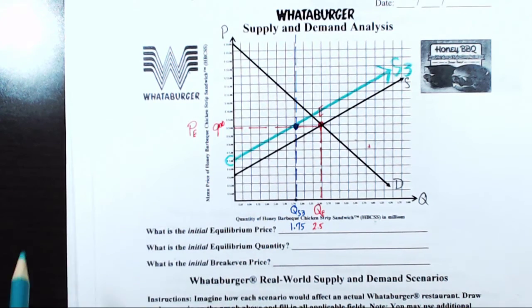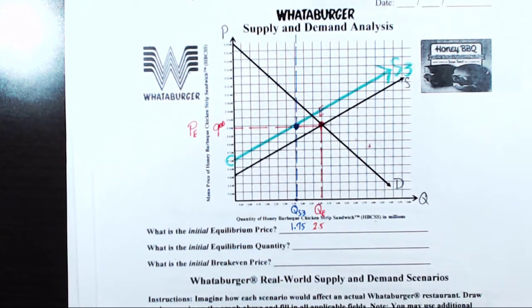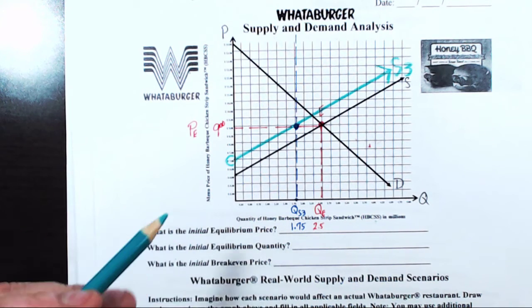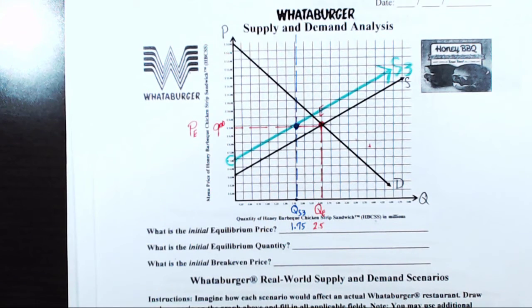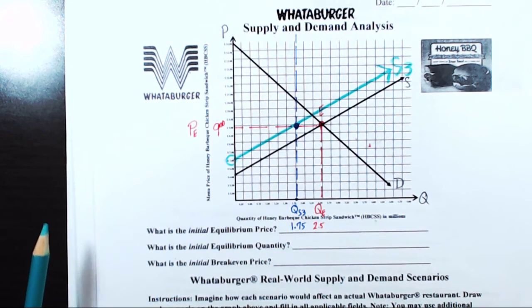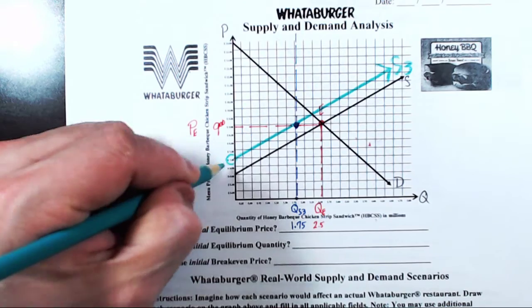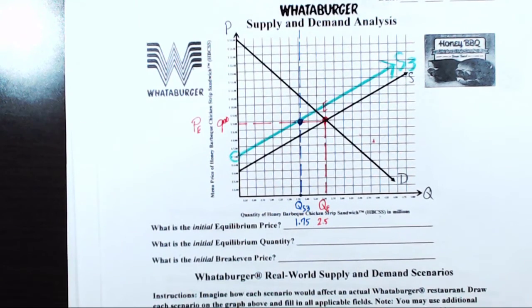So quantity supplied went down by 750,000 sandwiches because the break-even price went up by $1, because the price of chicken increased. That's what's driving the change here in quantity supplied. Okay, fair enough. I didn't ask you for that, so you don't have to put that. But if you want to notice things, you're not forbidden from noticing things.